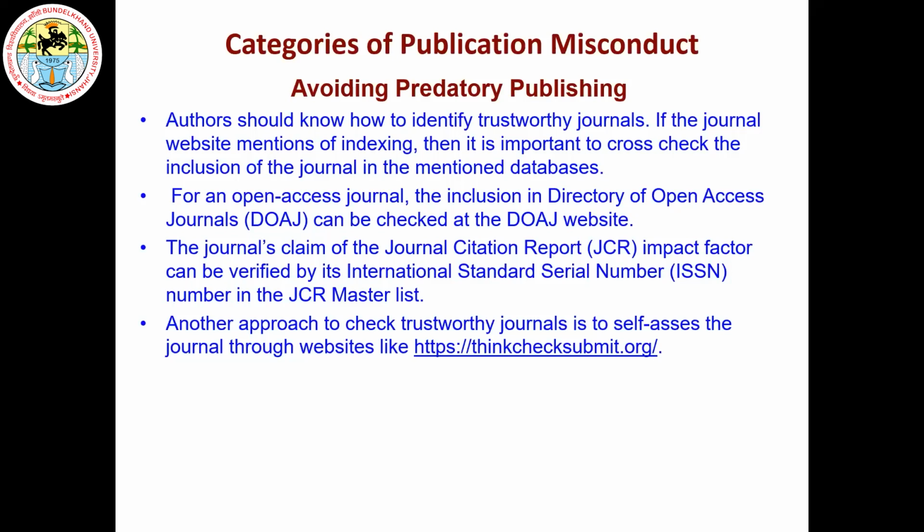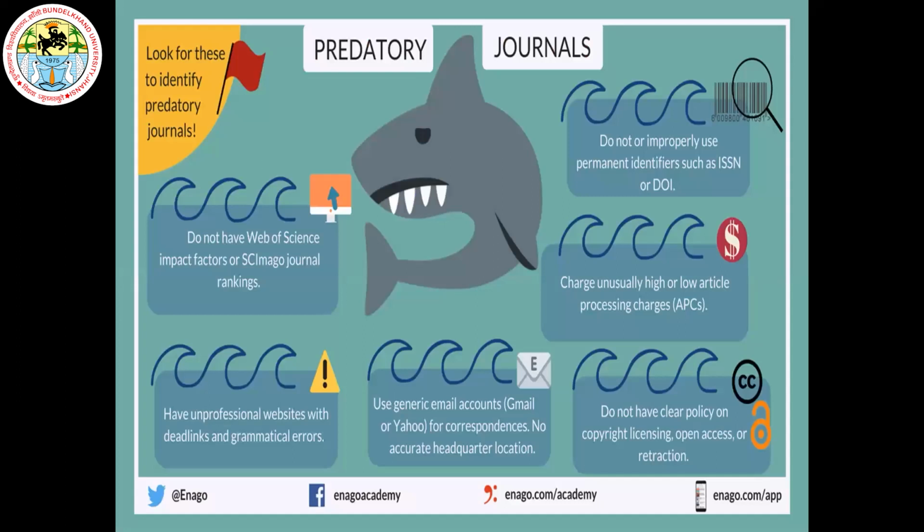Okay, so this slide, a cartoon I have shown, says that these predatory journals do not have a Web of Science impact factor or Science Citation Index journal ranking. They do not employ, or improperly use, permanent identifiers such as ISSN or even DOI.